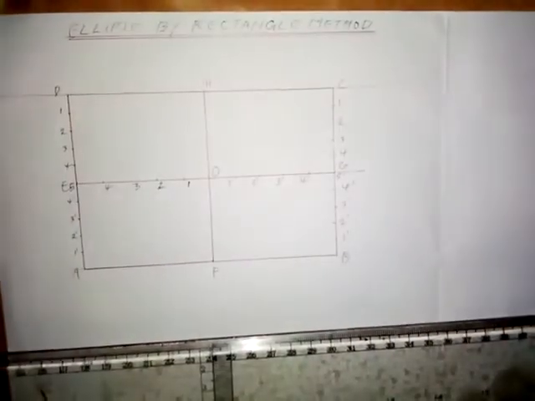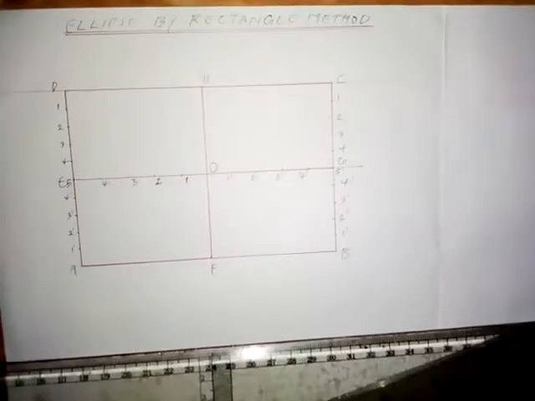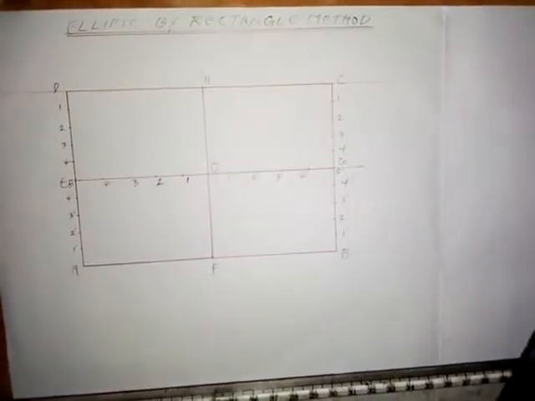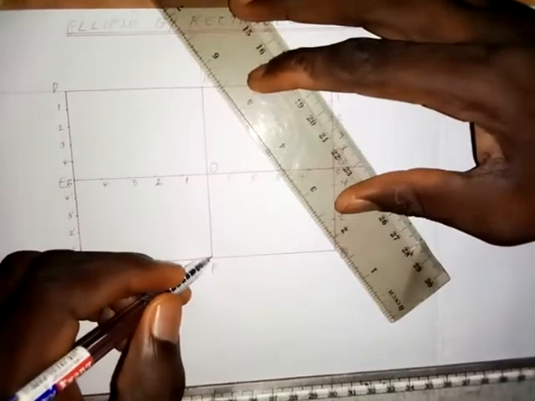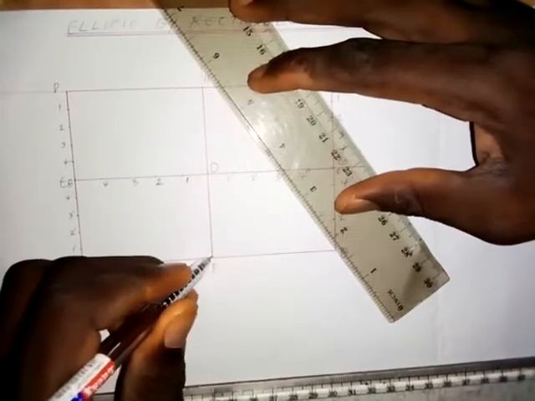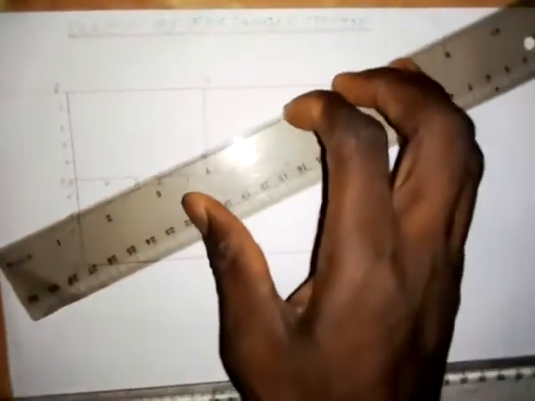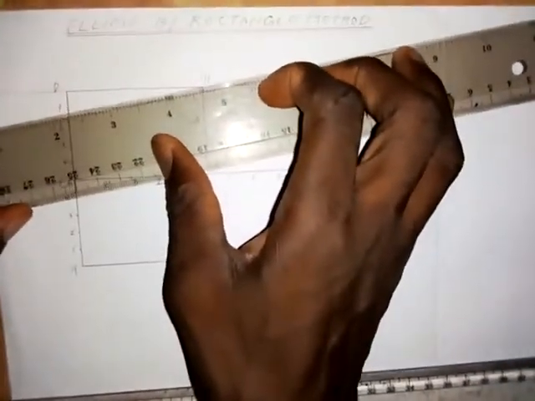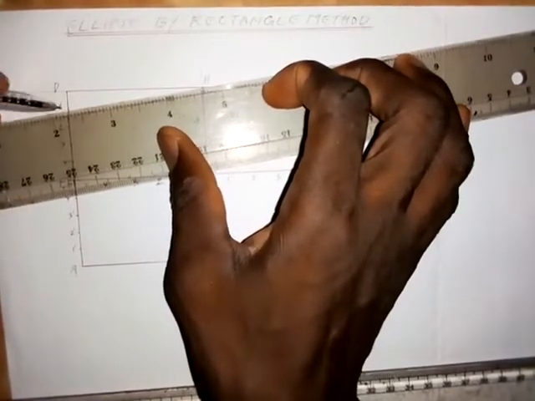Having done that, the next thing that we are going to do is very, very important, and you need to pay attention to what I'm going to do here. The next thing that we are going to do is that from this point F here, and before I come to that, what you need to do first is to join this point 1 to point H here.